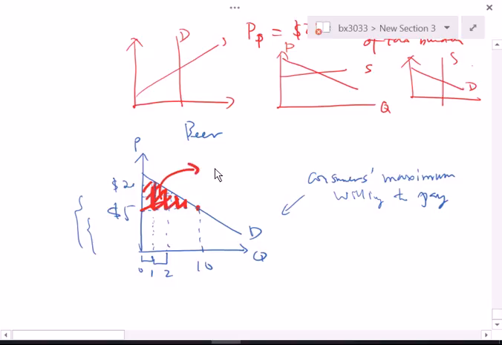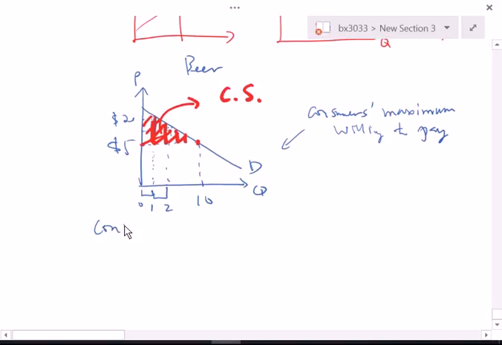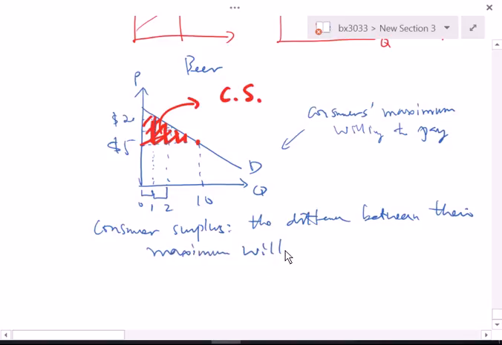we call this consumer surplus. Consumer surplus is the difference between their maximum willingness to pay and the price they actually pay.